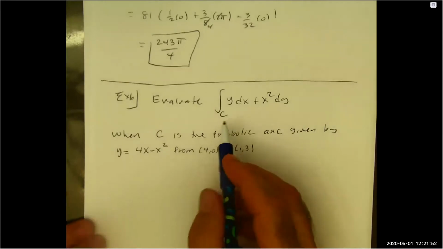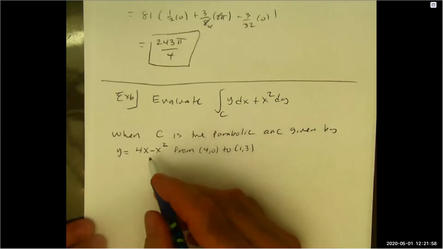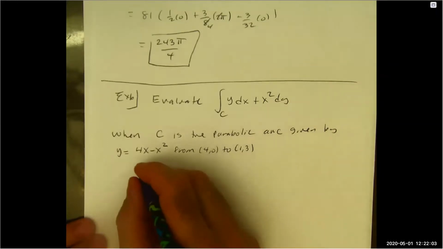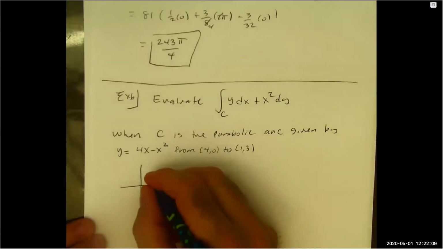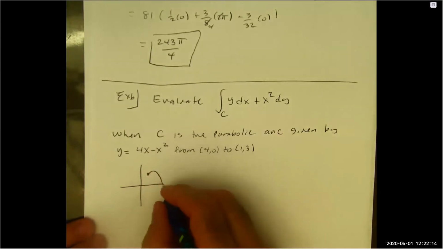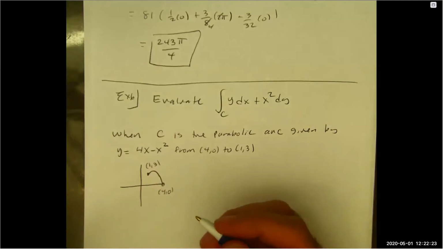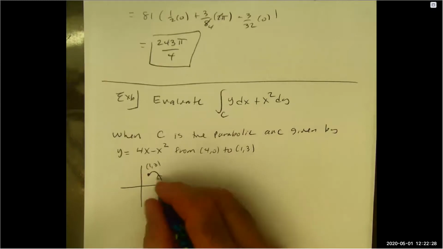We're going to evaluate this line integral in differential form, where C is the parabolic arc given by y equals 4x minus x squared from 4, 0 to 1, 3. We've actually just looked at this problem before in a different form. We've got that same parabola here. This would be the point 4, 0, and here you have the point 1, 3, and we're going back along the parabola from 4, 0 to 1, 3.